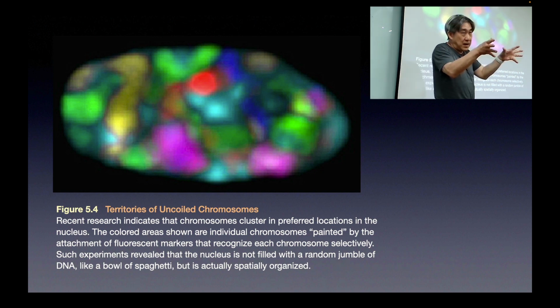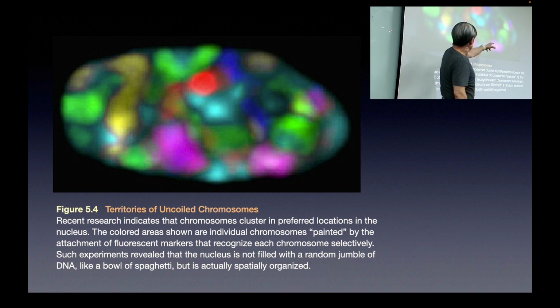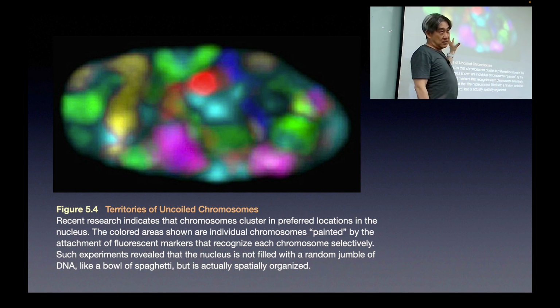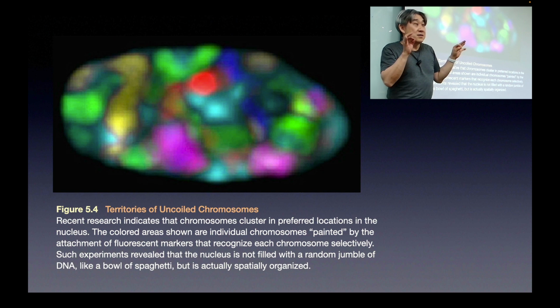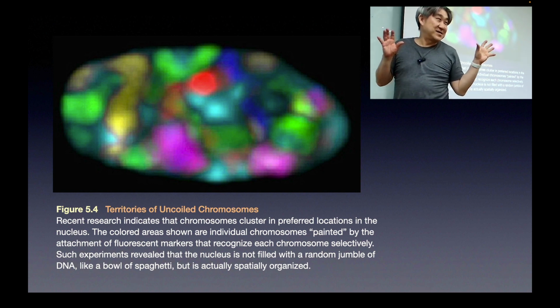When you apply such different dyes, you can find very distinct, differently colored areas, which represent chromatin territories, just like different blocks of those towns.